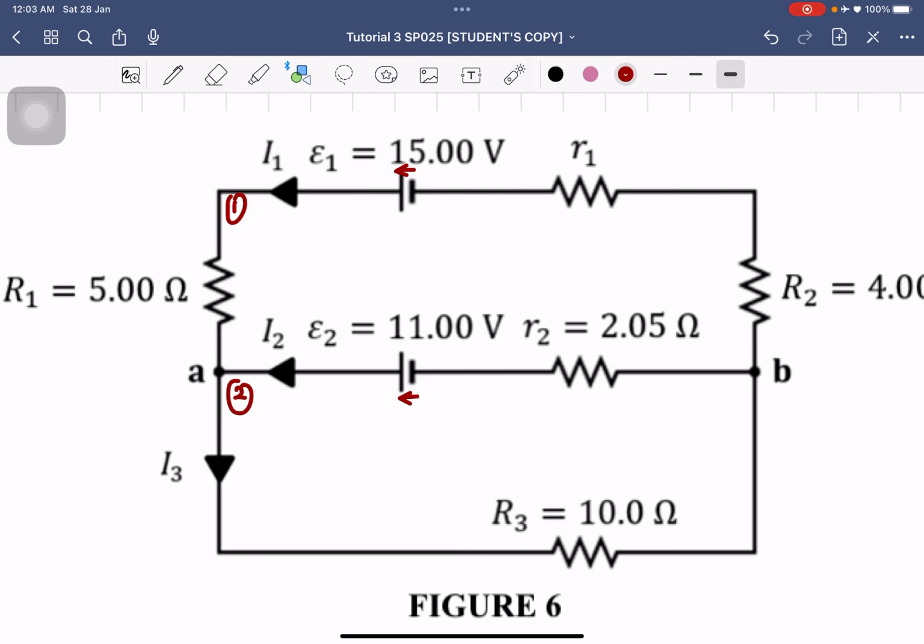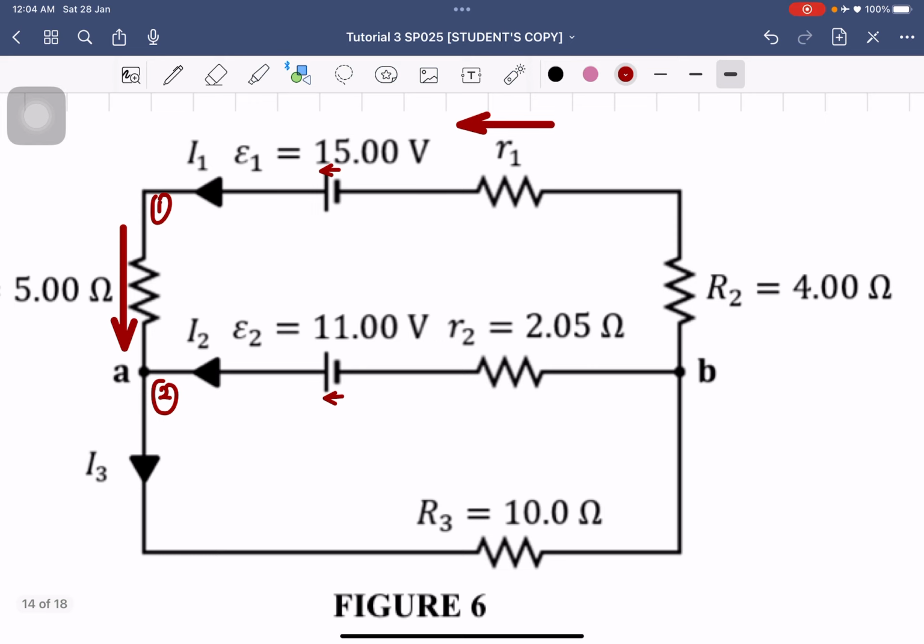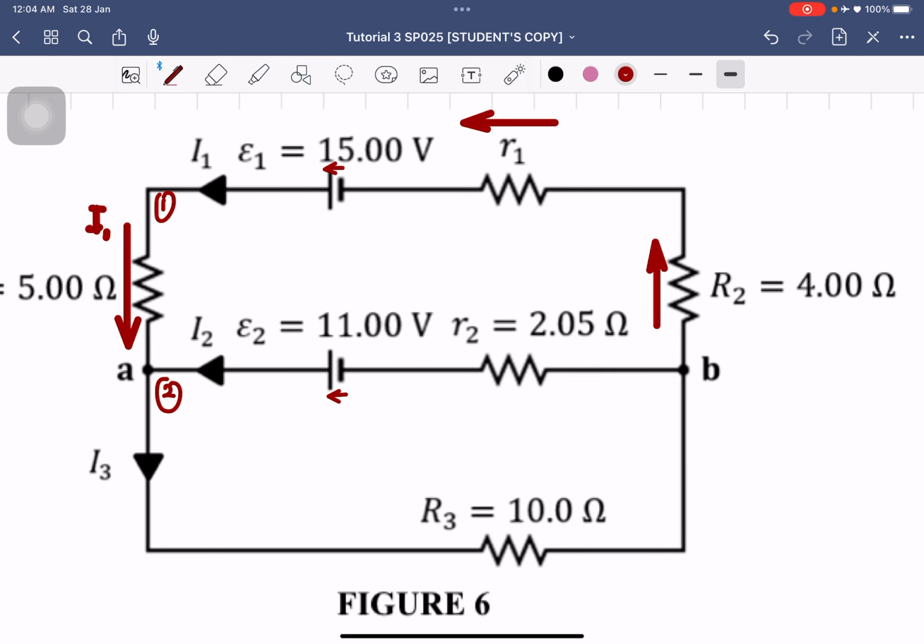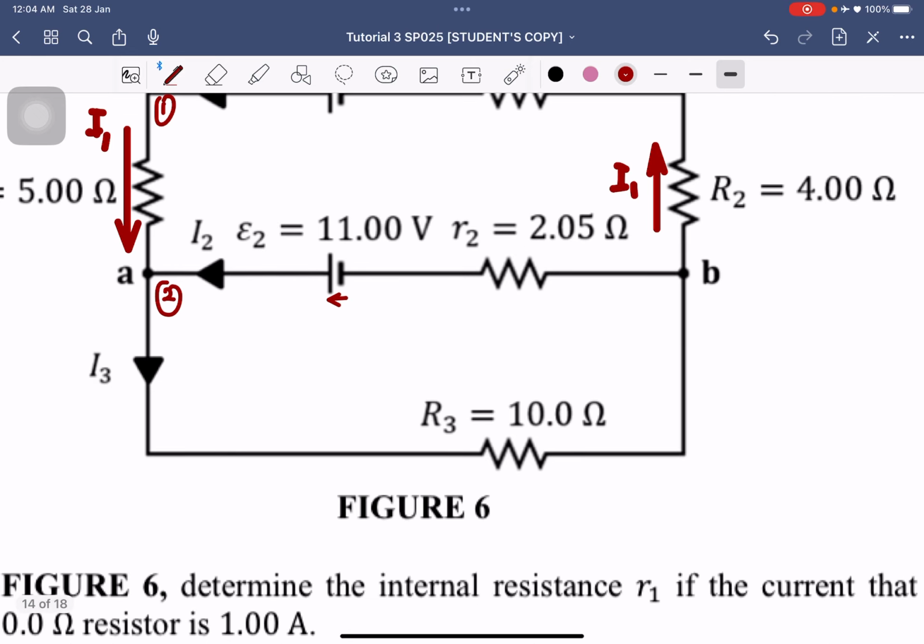So we have the current here going from here, so it's going to go down here, so this will be I1, and then for this resistor here I will let the current point to the left, and of course this side will be pointing up. All of this here are I1, so I'm just going to label them so that it is much easier for us to do the calculation later.